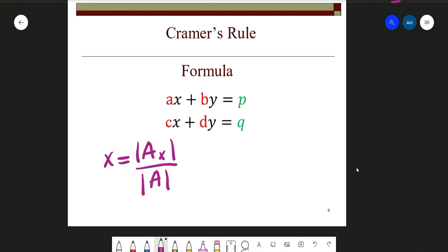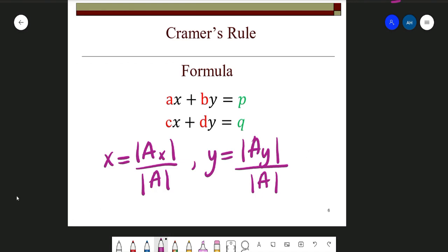Now, the other variable, y, can be found by using the determinant of matrix Ay, which we also divide by the determinant of A.